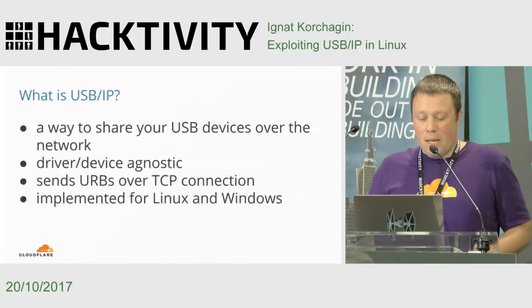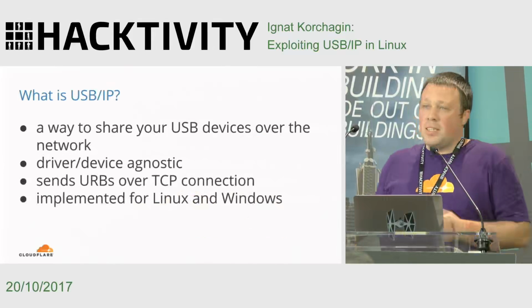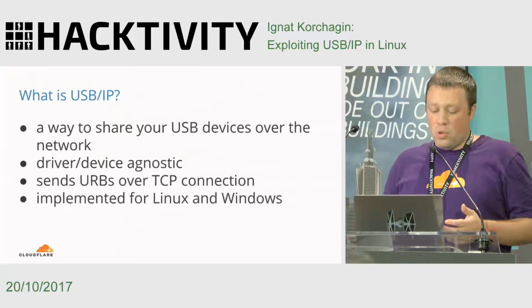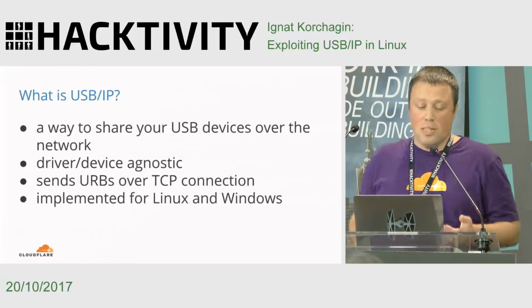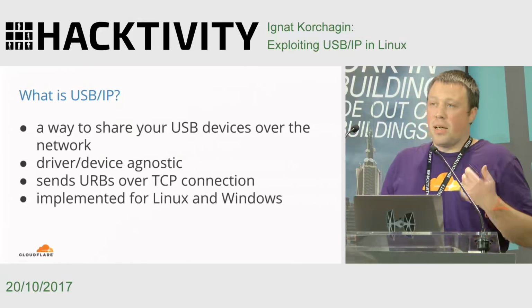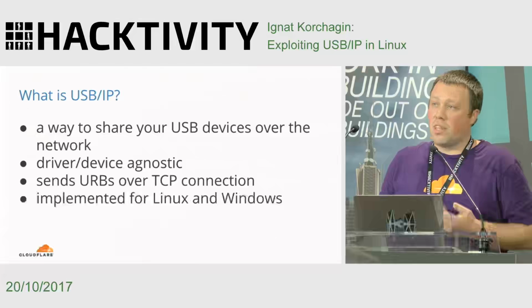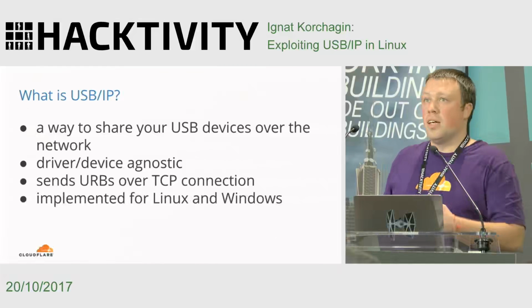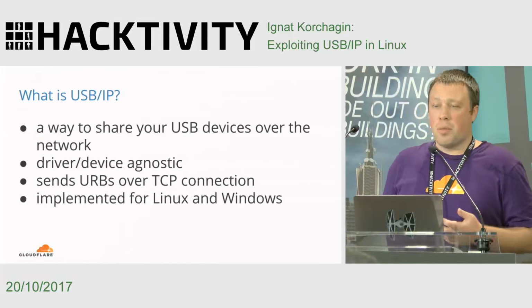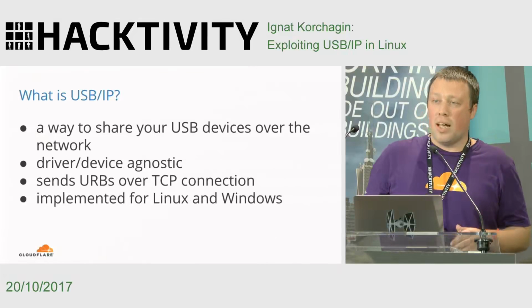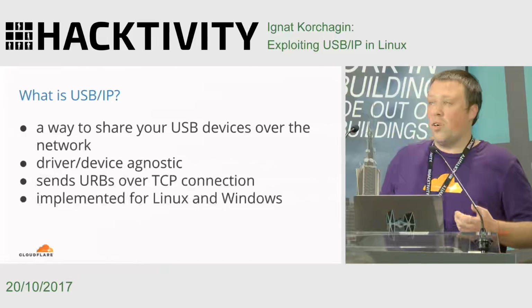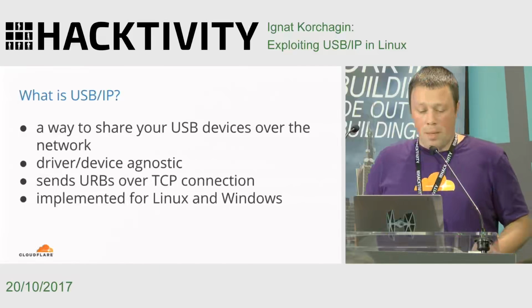Okay, so what is USB IP? It does exactly what it sounds like it should do. It's a way to share a USB device over a network. The interesting part is that it's implemented in a device driver agnostic way. That is, it's not designed for a specific type of device. It works on a lower-level USB protocol layer and allows sharing almost any USB device out there.